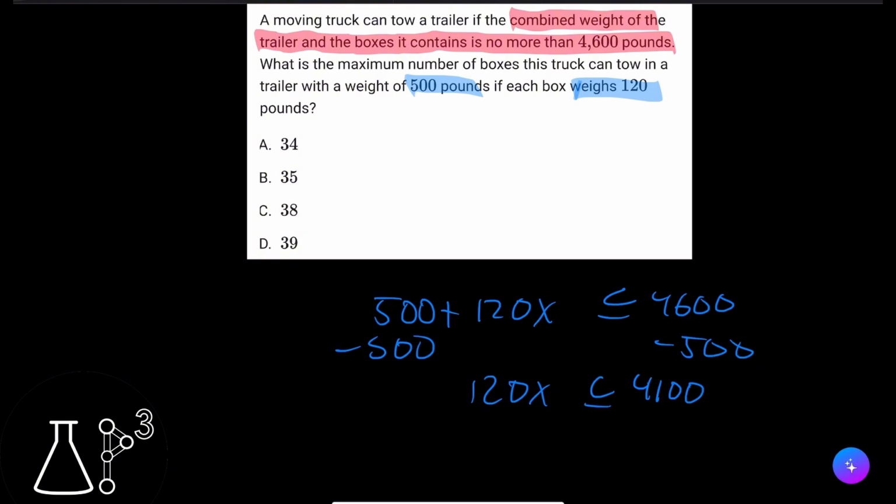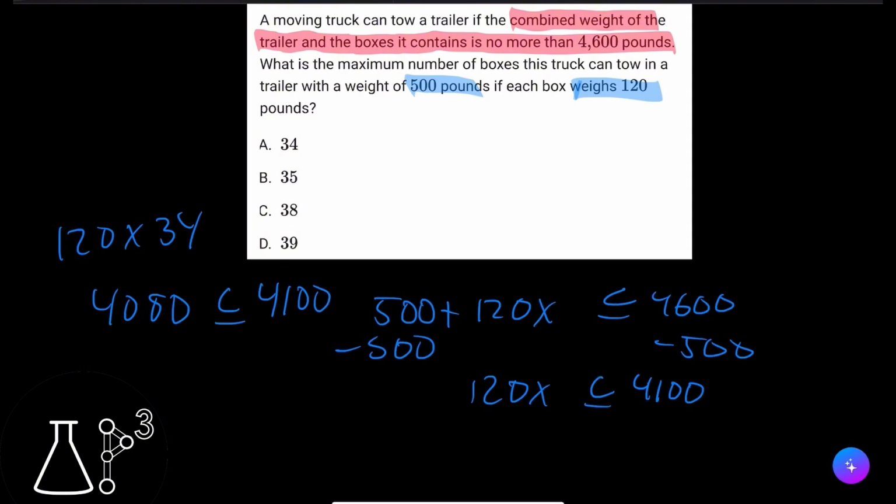So if I say there's 34 boxes, each of them weighs 120, 120 times 34 gives me 4,080, and we can see that number is less than or equal to 4,100. So A can be one of our answers, but let's make sure B through D are not answers either.